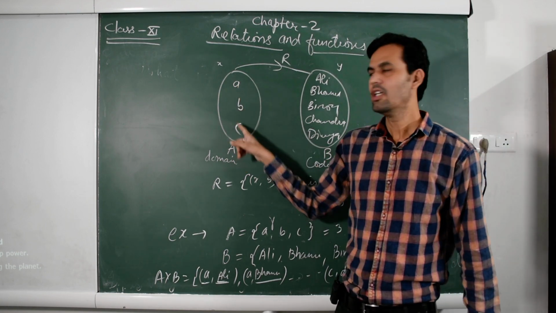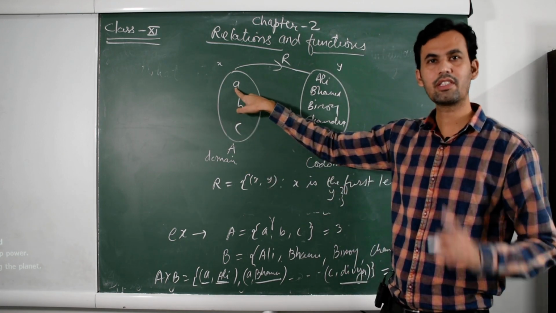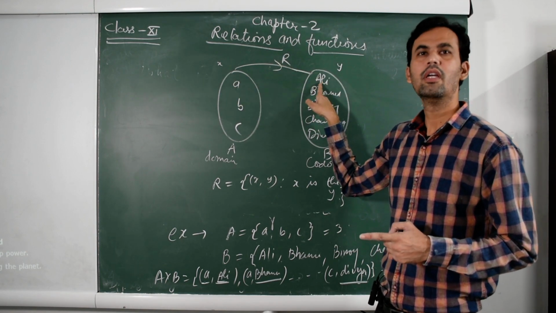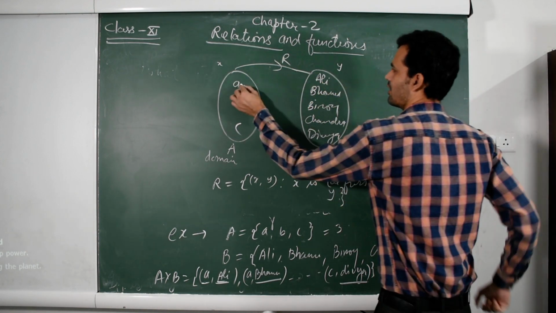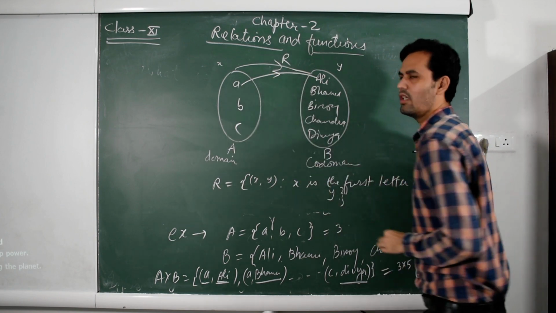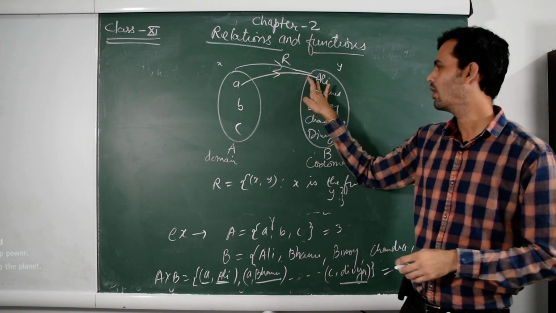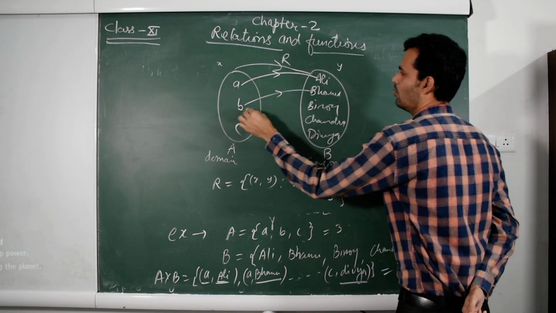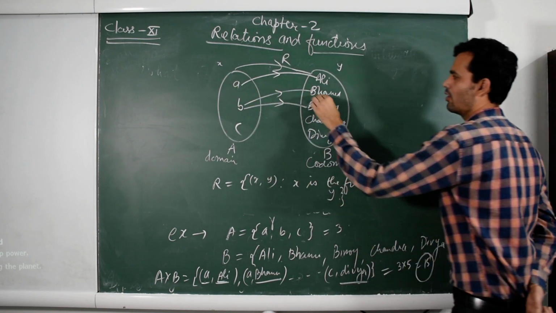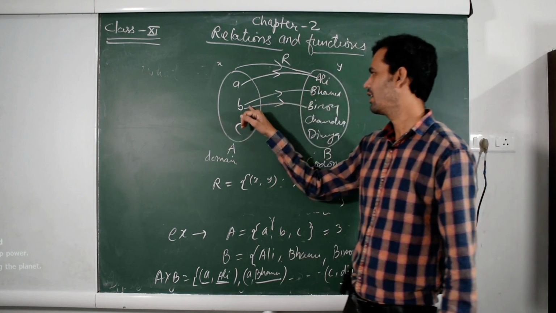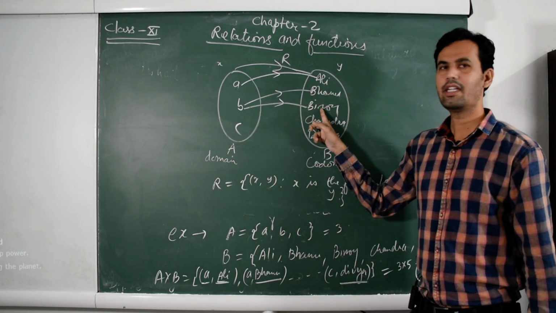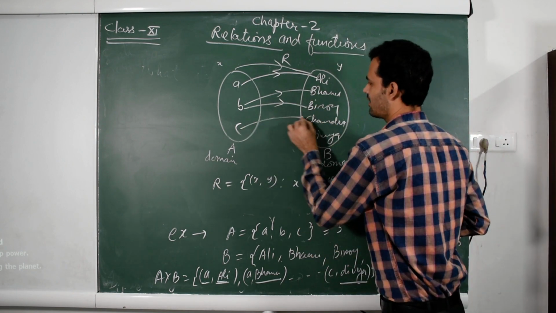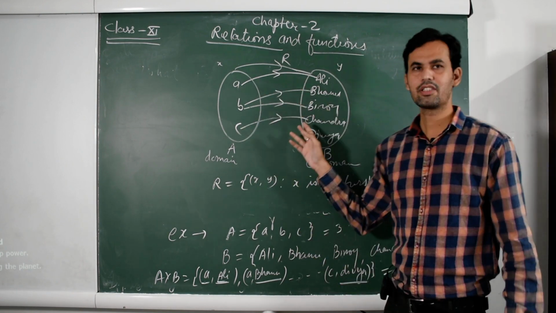A is the first letter of the name, and the name started from A in Y is Ali. So the relation is A to Ali. And then B Bhanu and B Binoy, because there are two names starting with B in set B. So B Bhanu, B Binoy and C Chandra. So these are the relations.